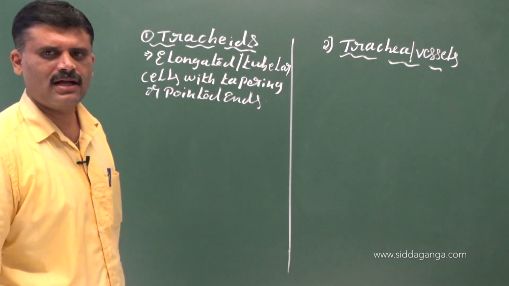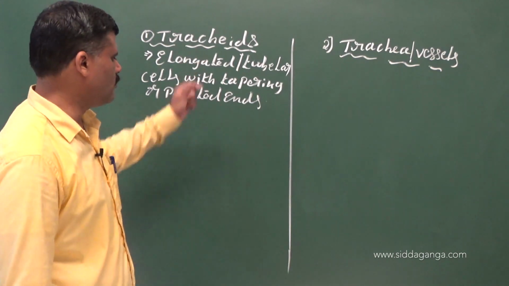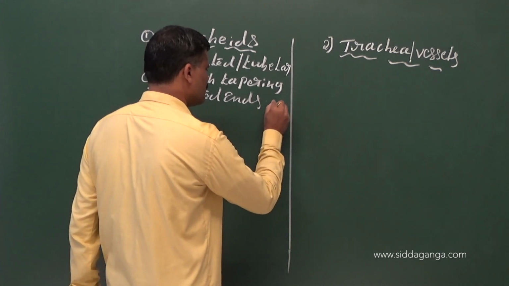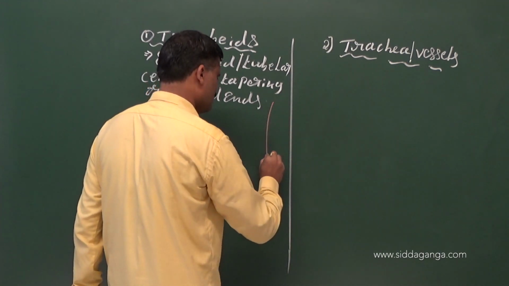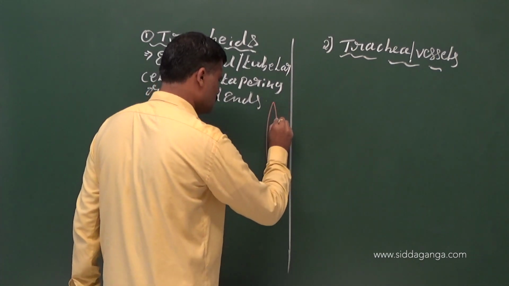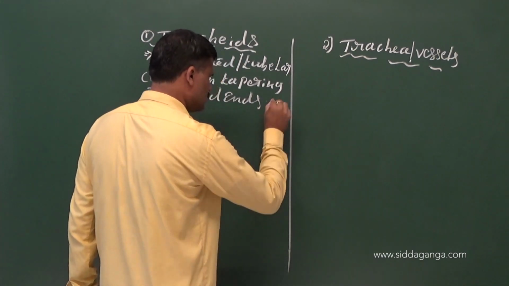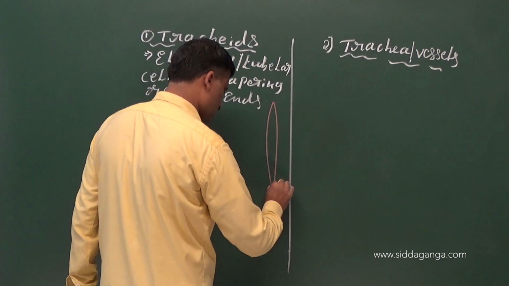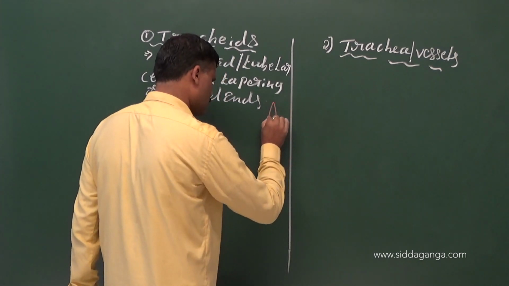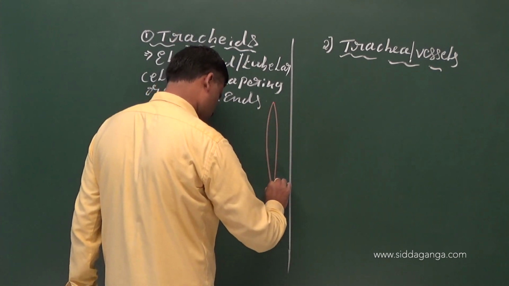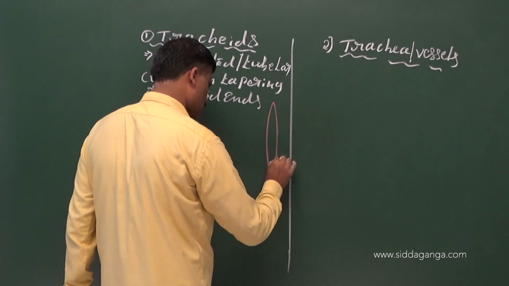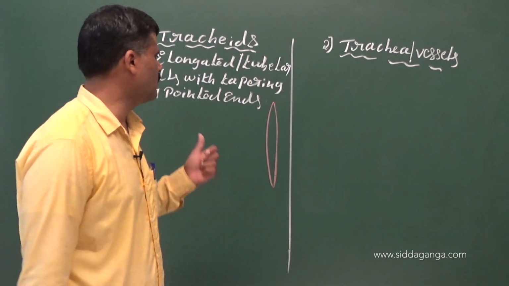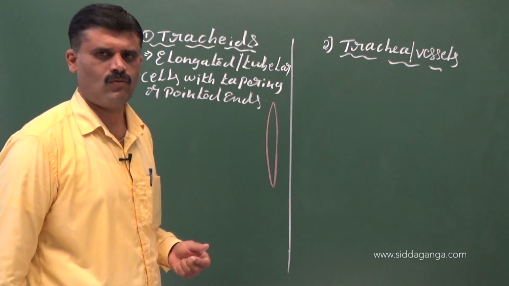Elongated with tapering or pointed ends. And this is the primitive form of xylem in conduction of water.